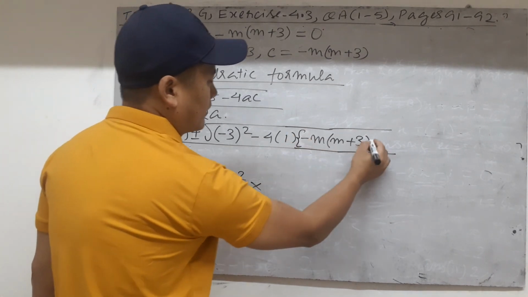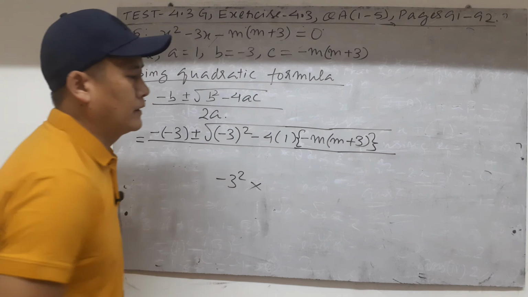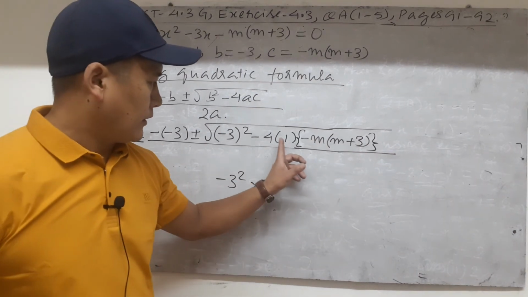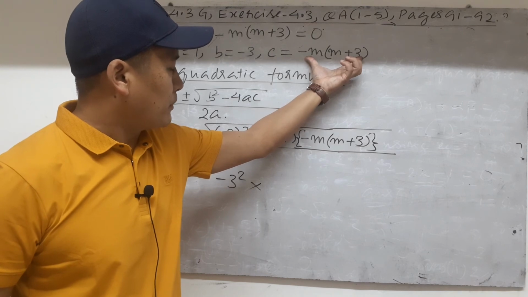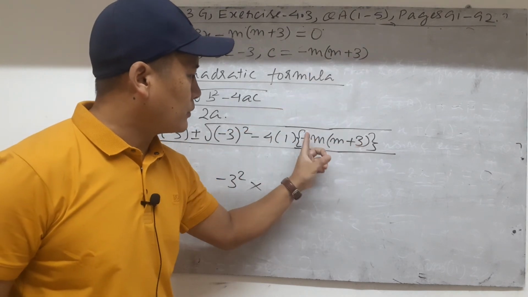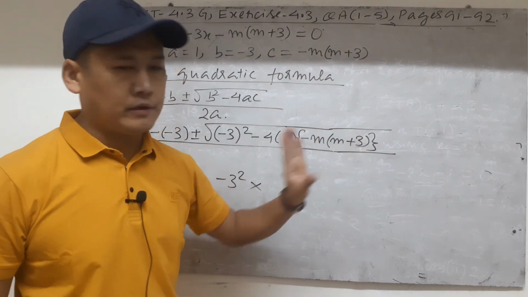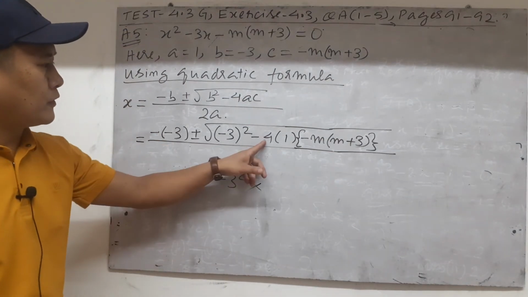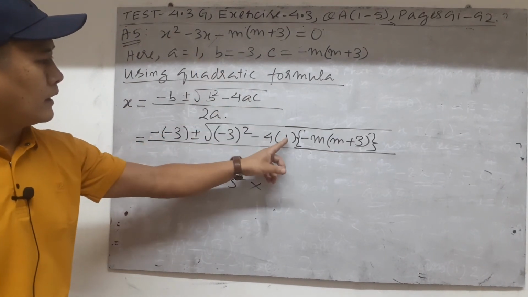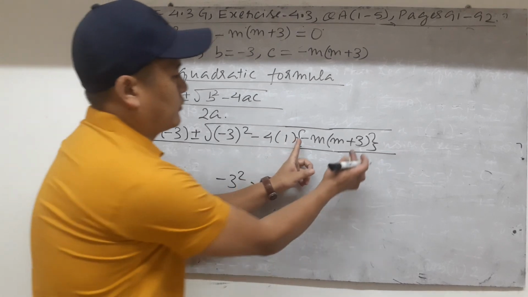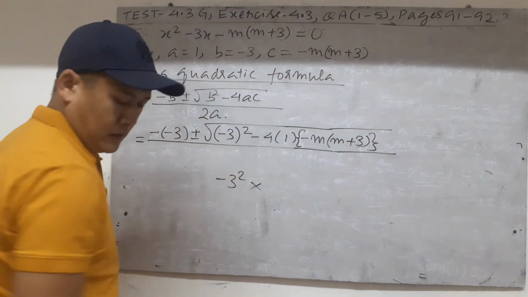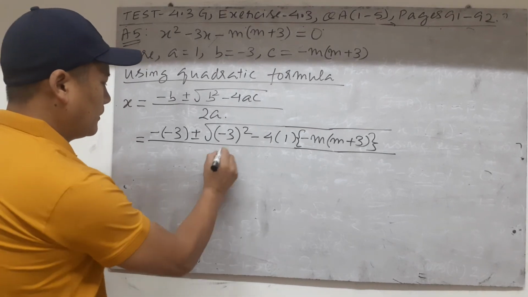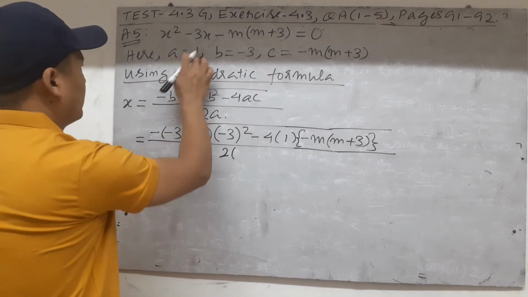Just correct it. Because see here, 4 into a into c, c is the whole thing, minus m into m plus 3. That has to be put in a second bracket because the first bracket is already used up. 4a into c, this portion, minus m into m plus 3, divided by 2 into a, where a is 1.